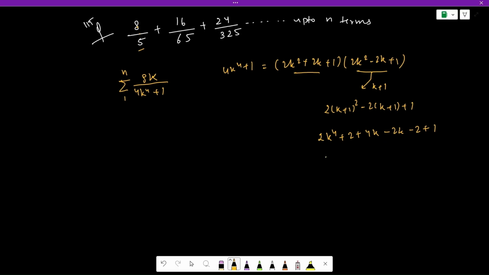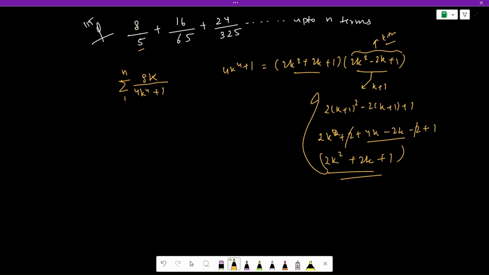So this becomes 2k square plus 2k plus 1. So this is same as this. So what this means is that if you take this as a function, this is the kth term of that function, and this will be the (k plus 1)th term. So both of these values are consecutive.